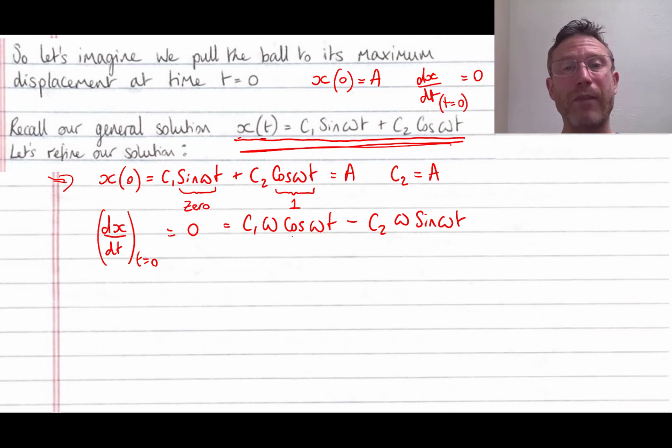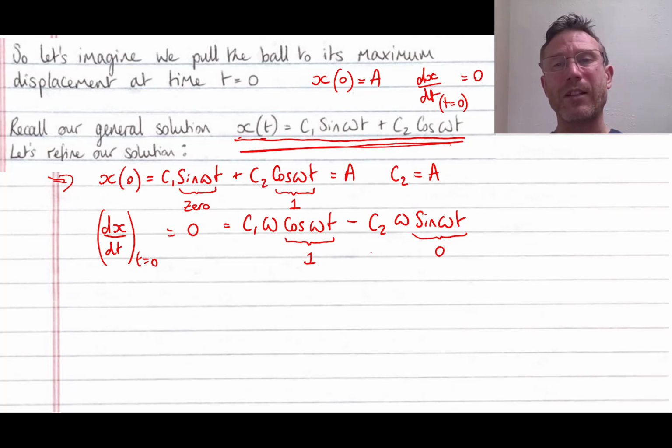Well, of course, we also recognize now that when t is equal to 0, cosine omega t is going to be equal to 1. So this expression in here is equal to 1. And again, we've got our sine omega t term, and that's equal to 0. So we're going to find that this second term is going to cancel out because of that 0.